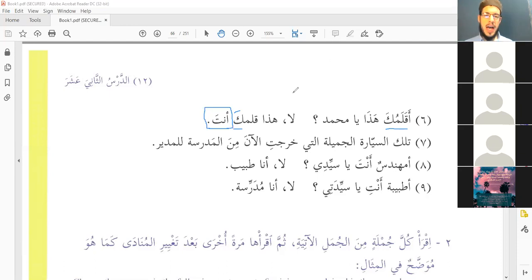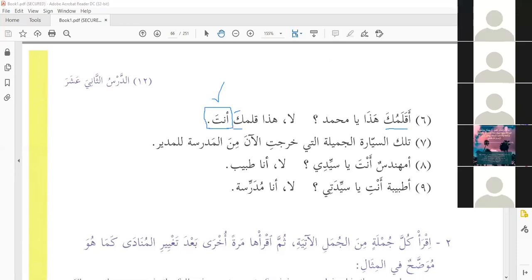But the point is added emphasis. If there were no expectations, then لا هذا قلمك is enough. But because this is a piece of irony, it defies expectations. If there is no anta, the meaning is the same. Without anta, the meaning is the same. Correct. Anta is added emphasis. Okay. That's it.